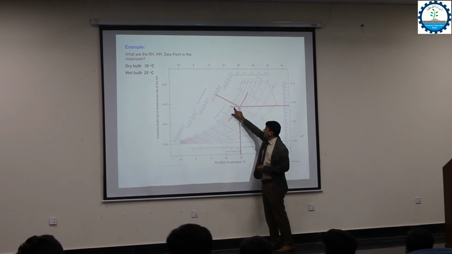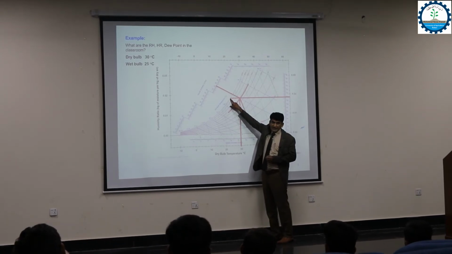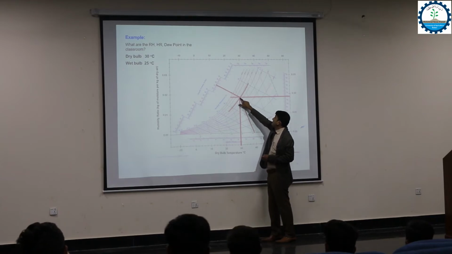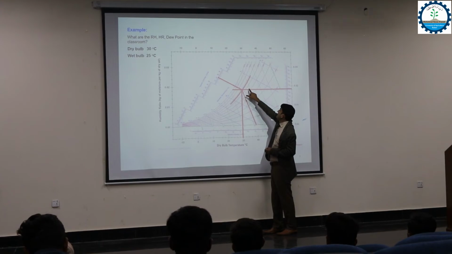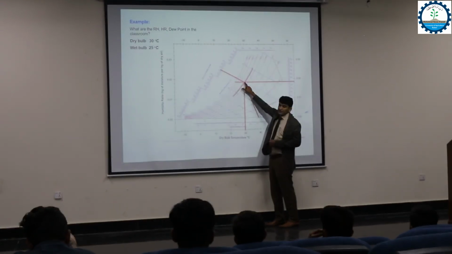Going straight, you will touch the saturation line. This will give you the dew point temperature, and on the curvy lines, you are between 60 and 70, and most close to 70. So maybe it's 68 to 69% will be the relative humidity at this point.